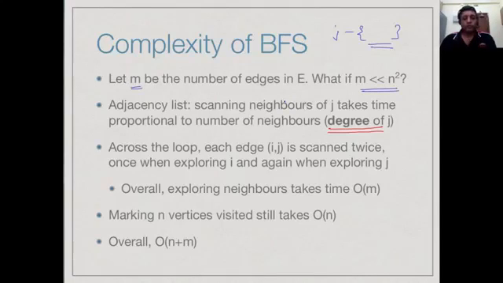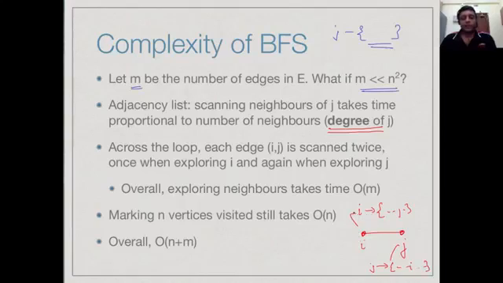If you don't count it per loop, but count it across the entire processing of the entire set of vertices, what we will see is that for every edge in the graph of the form i, j, there will be a time when i is processed and it will see j in its list. And there will be a time when j is processed and it will see i in its list.